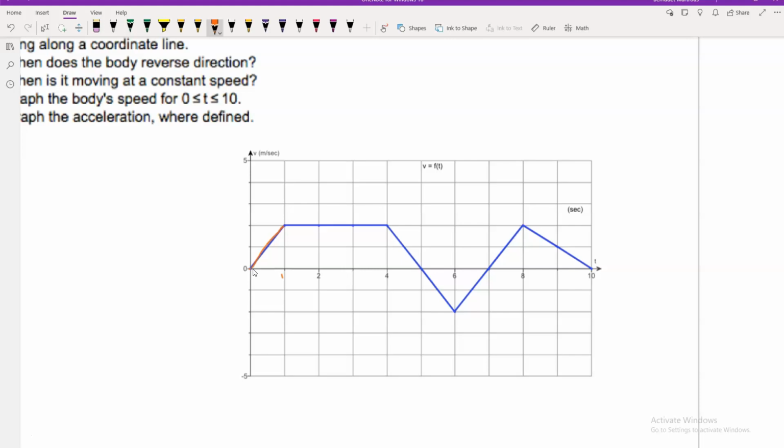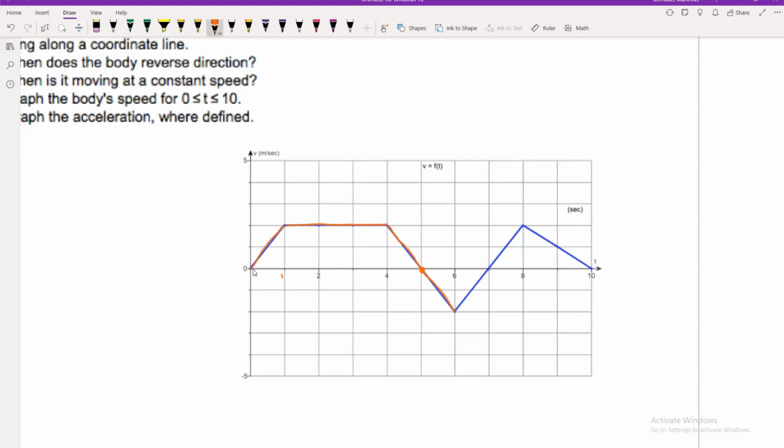Then between 1 and 4, here we have constant velocity. And here on this part it starts to decrease. And at this point when t is 5, again velocity is 0, moving downward, thus decreasing. So here at this point we have a reverse direction, and that is when t is 5.